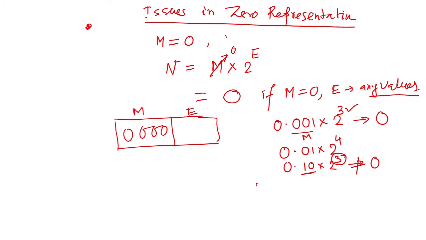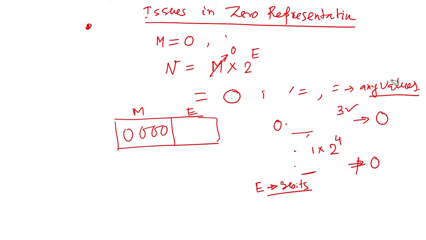Let us say you have 3 bits for the exponent. Then what will be the highest representable negative number? We want to represent positive as well as negative numbers.